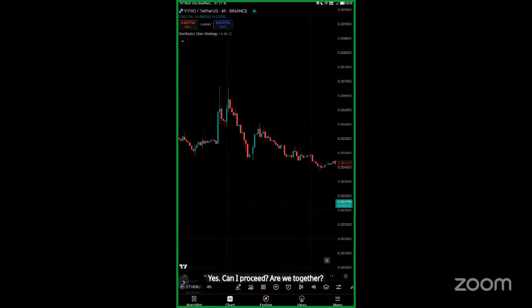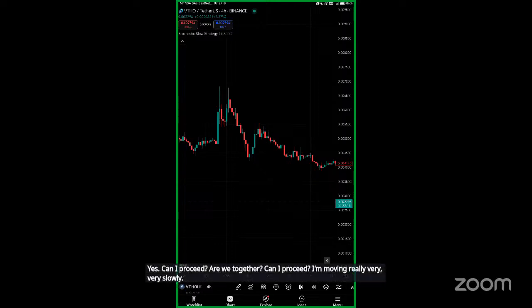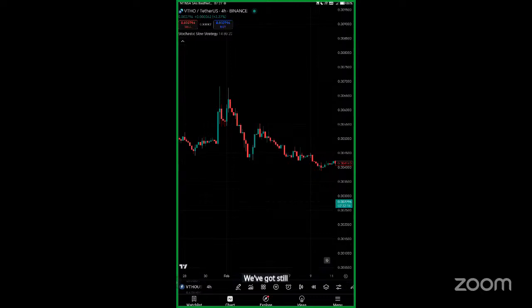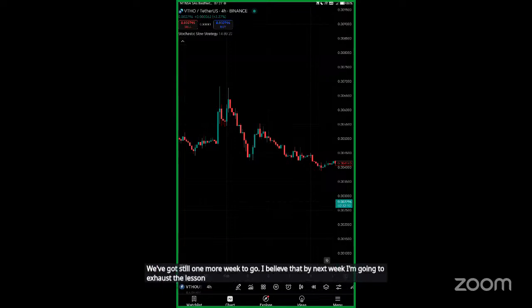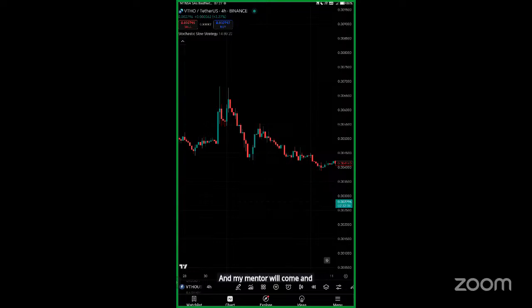Can I proceed? I'm moving really very, very slowly. We've got still 1 more week to go. I believe that by next week, I'm going to exhaust the lesson of candlestick chart pattern, and my mentor will come and take over from there.